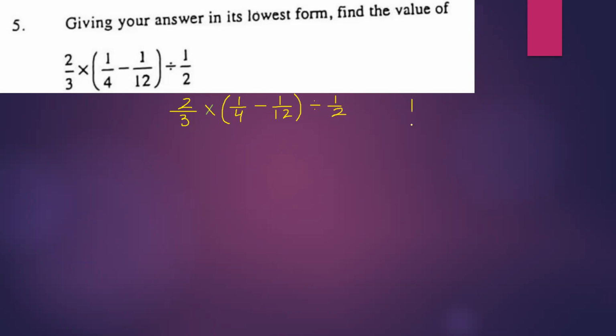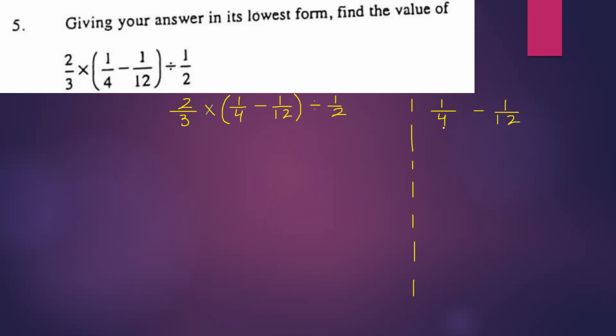So what I'm going to do here is do the parentheses first. Remember, we have to do parentheses first. In the parentheses we have 1 over 4 minus 1 over 12. I want to see what that is before I do anything.